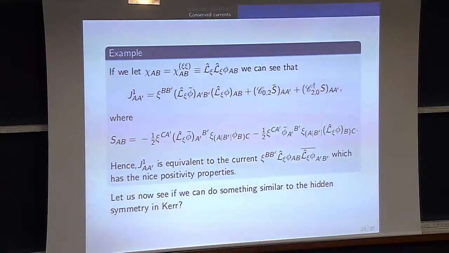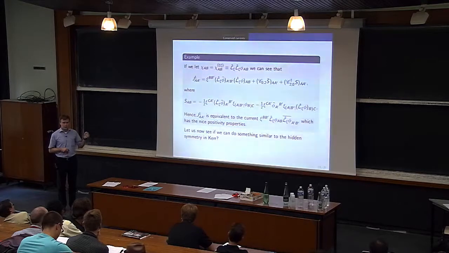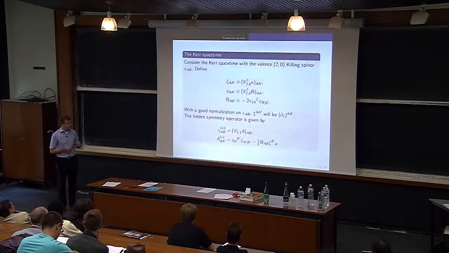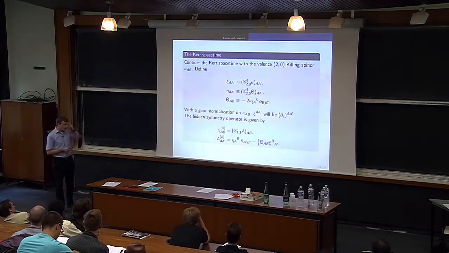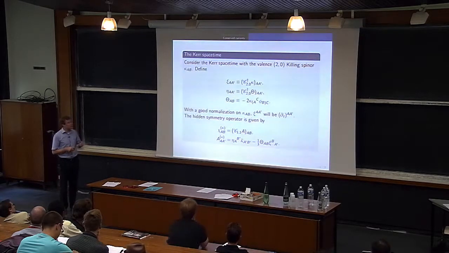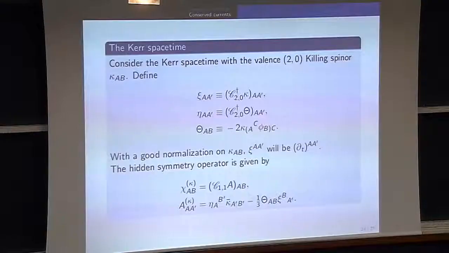So that's nice. But now, if we look at the Kerr spacetime and try to do something similar with a hidden symmetry, we'll see what happens. So just to see a little bit of how these things work in Kerr, I introduce even more notation, of course. In Kerr, we can build basically everything from this valence 2 zero Killing spinor we have.